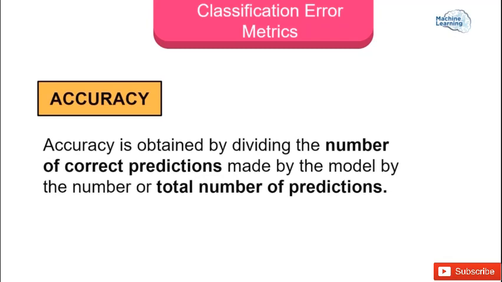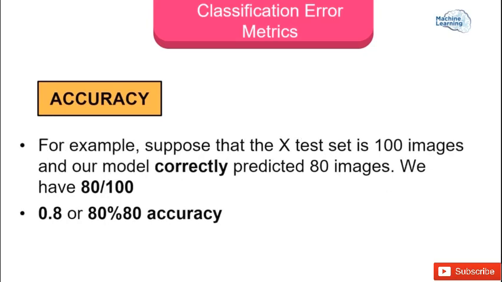So, again, it's the number of correct predictions divided by the total number of predictions. How many guesses will you get correct, and what's the percentage? For example, suppose that the X test set is 100 images, and our model correctly predicted 80 images. Well, we've got 80 divided by 100, or 0.8, or 80% accuracy.